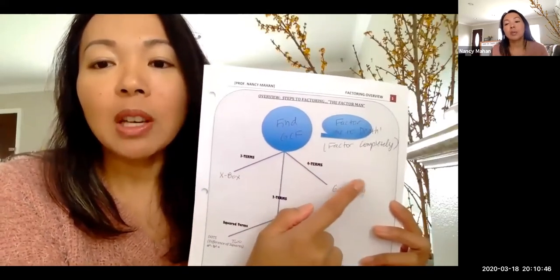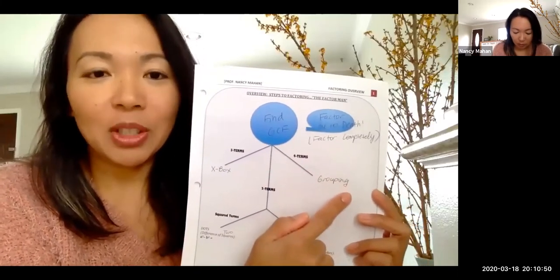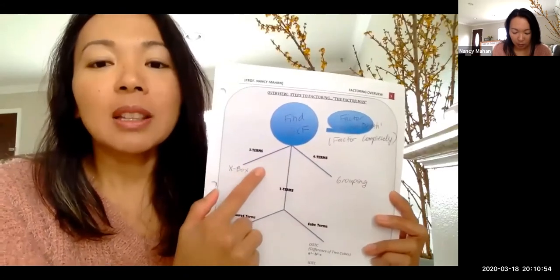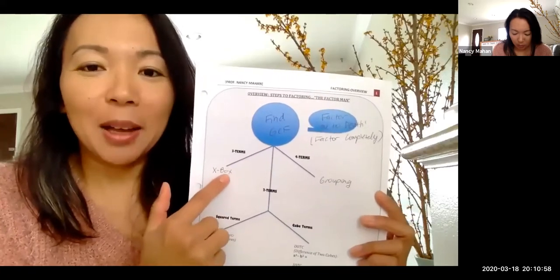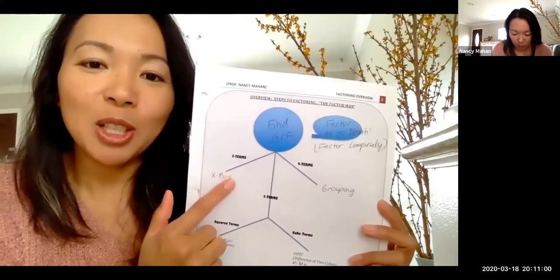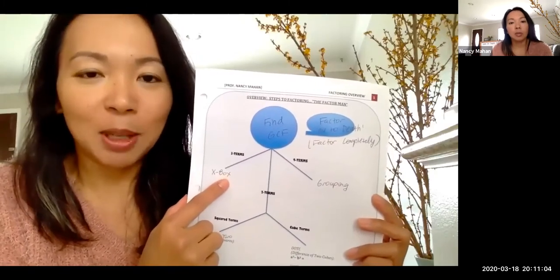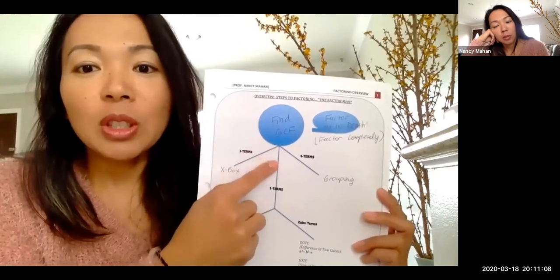So whenever you have 4 terms, you want to make sure that you group it in order to factor it. And then we also learned if you had 3 terms, then you do the Xbox method, or whatever method that you choose. But I chose to teach the class how to do it using the Xbox method. And today we're going to learn about what you would do if you had 2 terms.